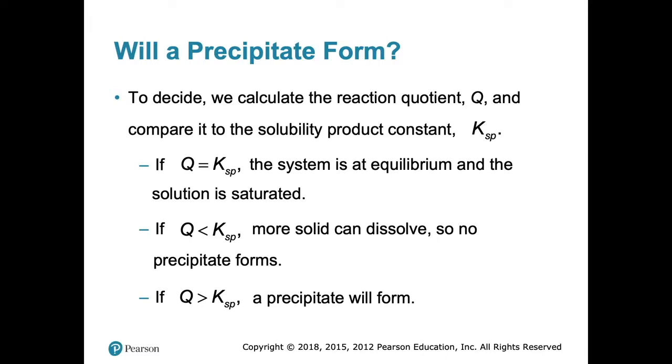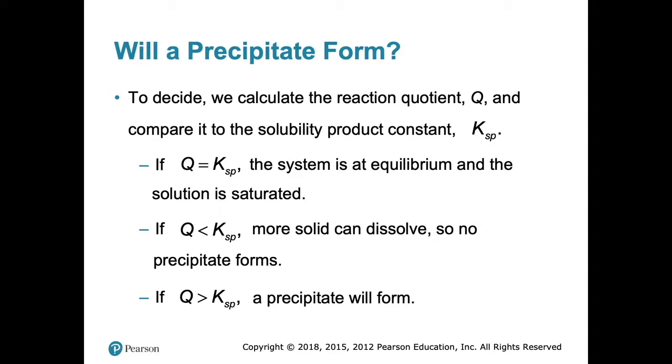That's how it is with acid-base equilibria and with chemical equilibria. It's always the products divided by the reactants, and that equals Q, but Q is at any point in time, not necessarily at equilibrium. If Q equals Keq, the reaction is at equilibrium. The same thing happens with Ksp: if Q equals Ksp, the system is at equilibrium and the solution is saturated.